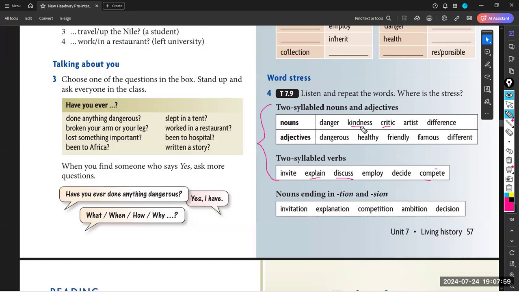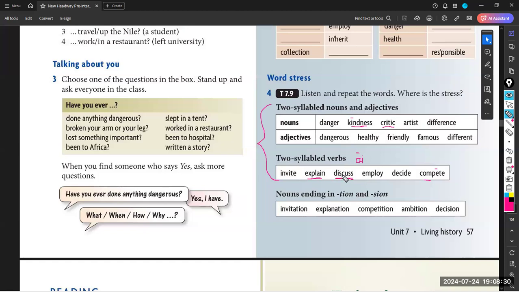Now, how can I read this noun again? Kindness. Okay, Hiba, this is I, kind, yes, kindness. And this noun is critic, exactly. What about this verb? Explain. Okay, the AI should be pronounced as A. So this is explain, yes. What about this word?